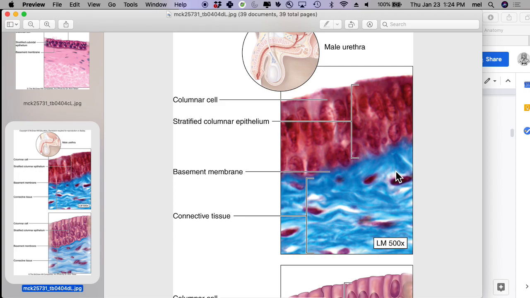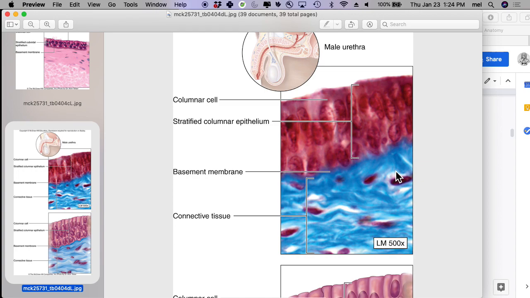The reproductive tract functionality necessitates different tissues with different capacities. One of the things that happens in the male urethra is that there are secretory capacities that cleanse the urethra and change its pH so that the semen is exactly the right pH for fertilization, right? Does that make sense? This tissue type is related to that functionality. So only in the distal end of the male urethra do you find this stratified columnar epithelium. You don't really find it dependably anywhere in the female. Good?